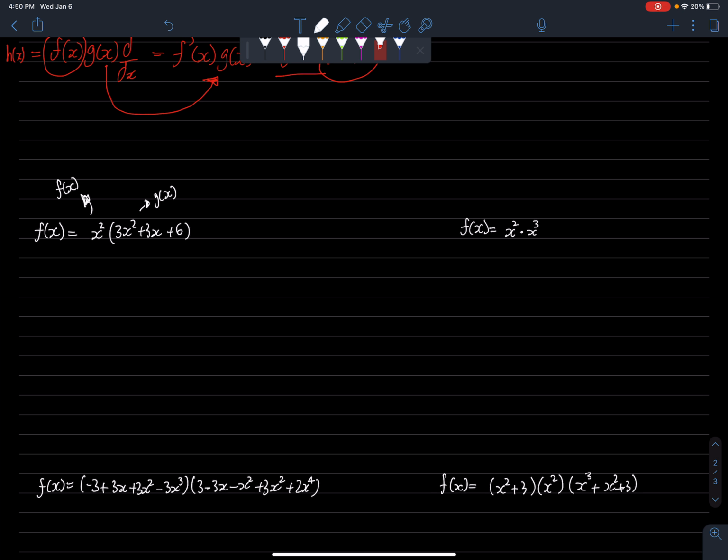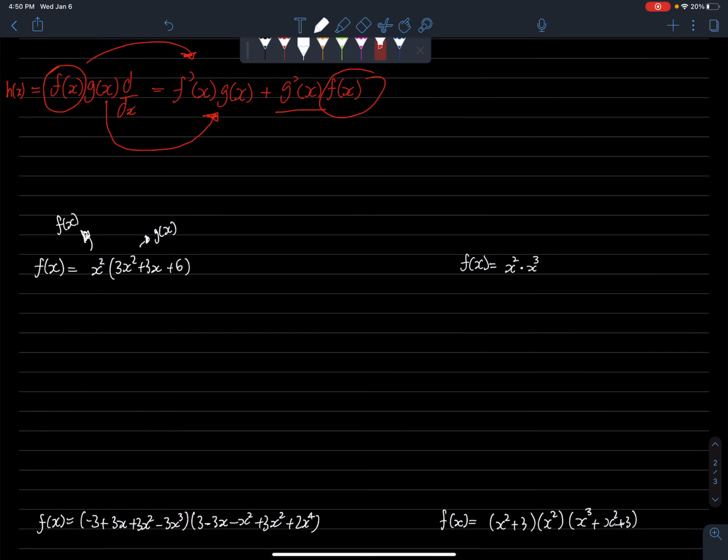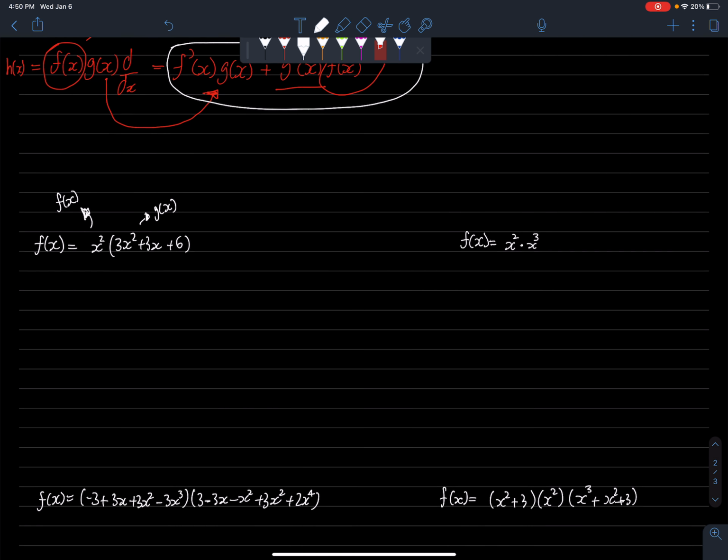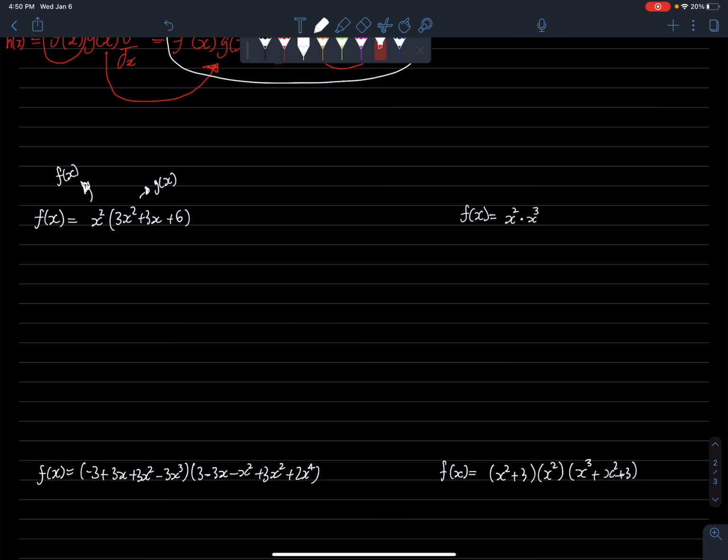So then f prime of x, as we know, is just this, right? So it's just going to be the derivative of x squared, so 2x, times g of x, so 3x squared plus 3x plus 6.